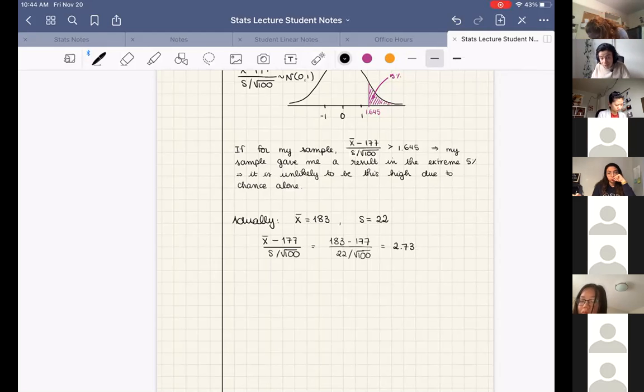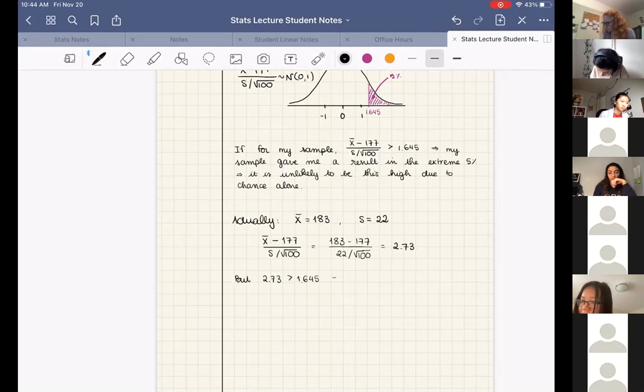Now 2.73 is larger than 1.645. And so that means that my sample gave me too extreme a result to be explained by chance alone, right?